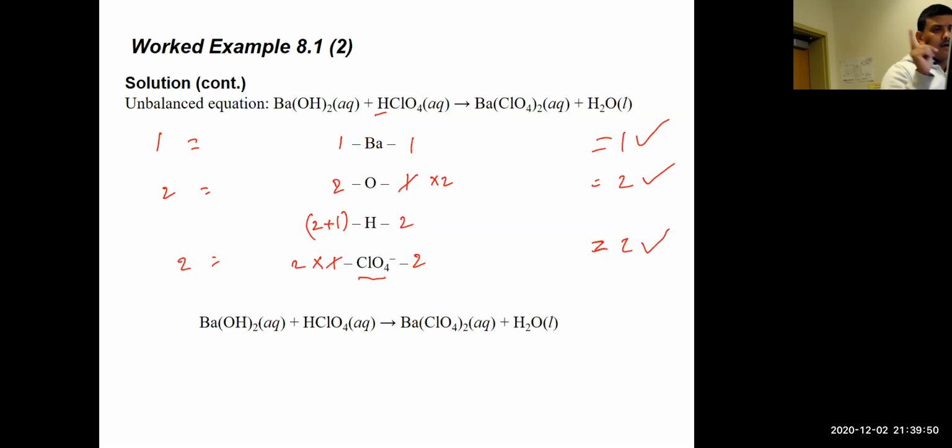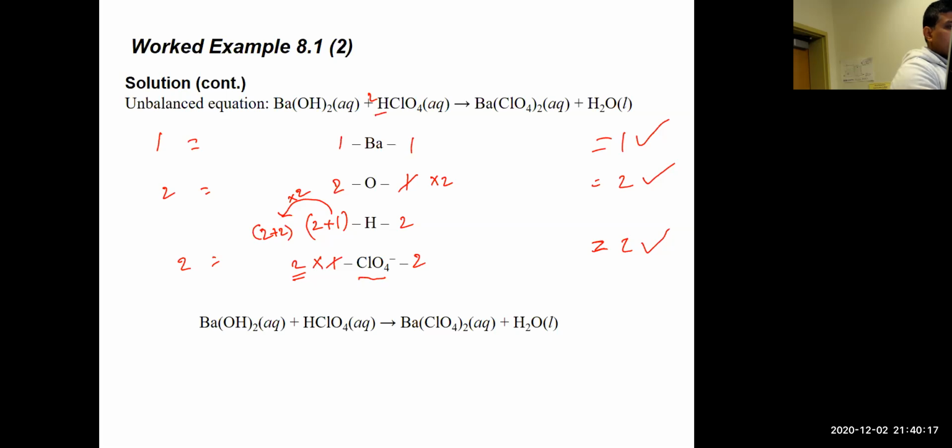Now, the reason I come to ClO4 here is that when you change ClO4 to 2 in here, you involuntarily change the number of hydrogens. The number of hydrogens from 1 changed to 2. Now it's actually 2 plus 2.